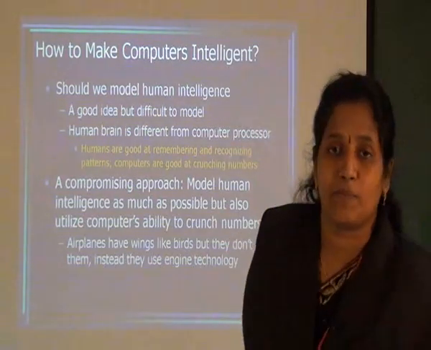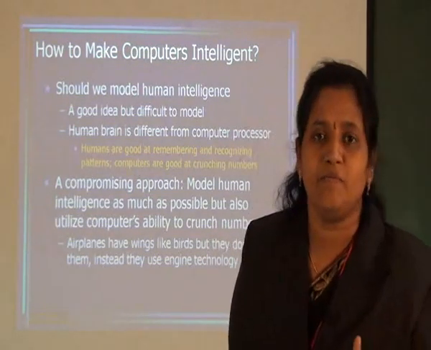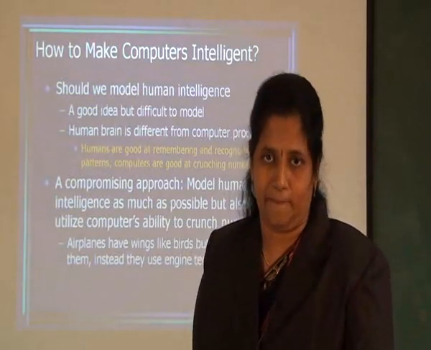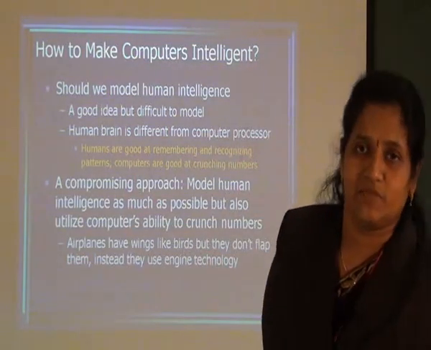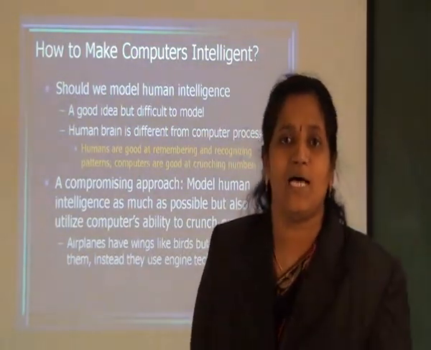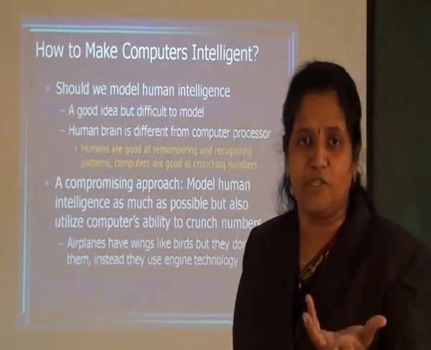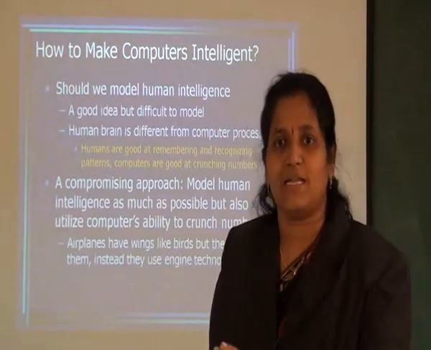So as a compromise, we need to use the capability of the computer, and at the same time make the computer simulate the human brain. We need to model human intelligence as much as possible, and at the same time use the ability of crunching numbers, at which the computer is very good.